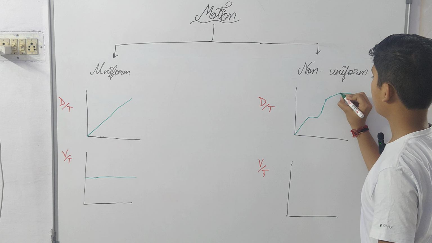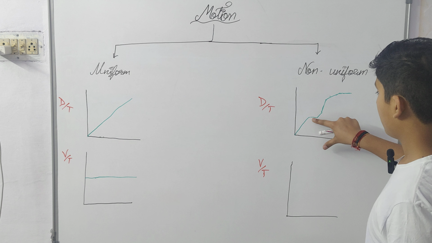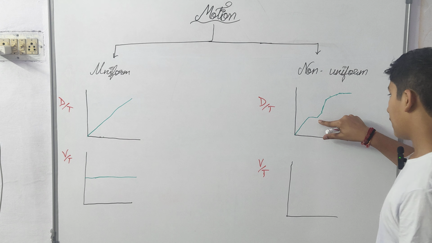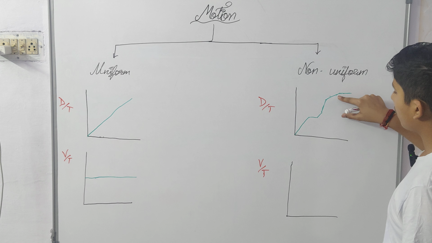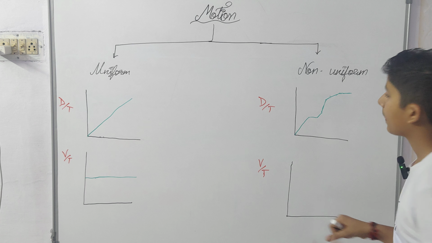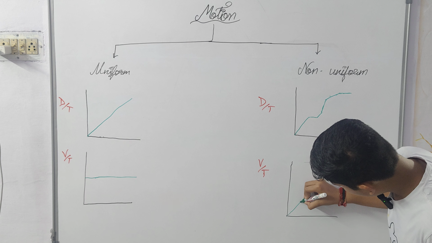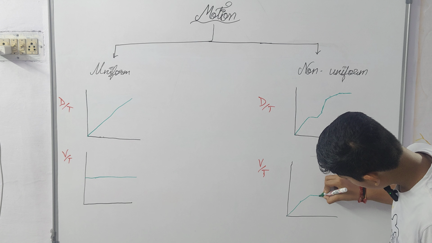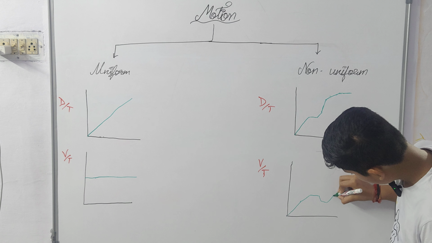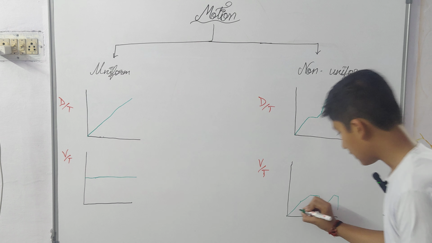This is how the non-uniform motion will be, because firstly it increases, then stops, then increases, then increases very much, then slows down, and then stops. Okay. Now the velocity time graph will be something like this.